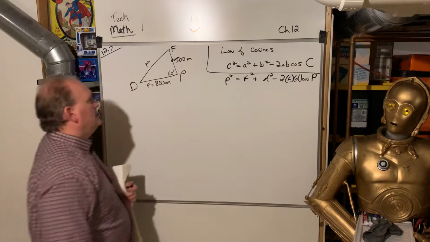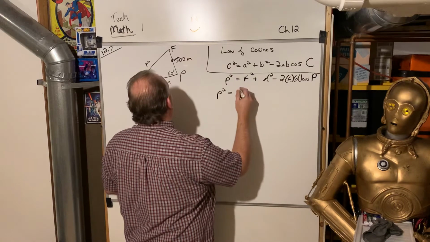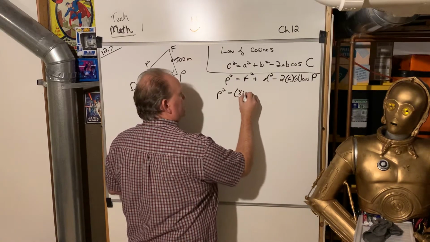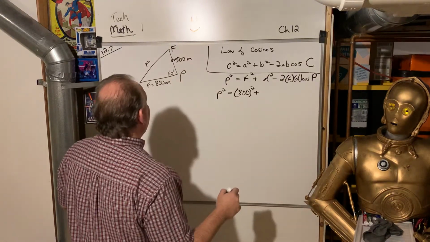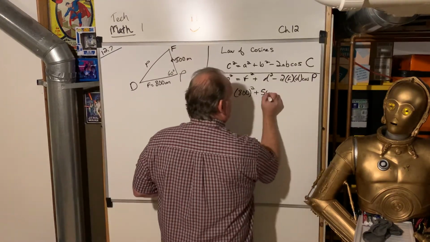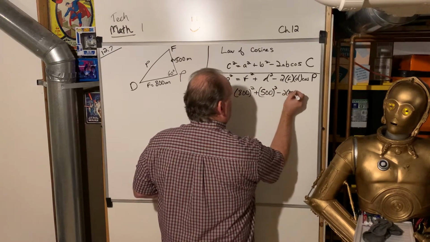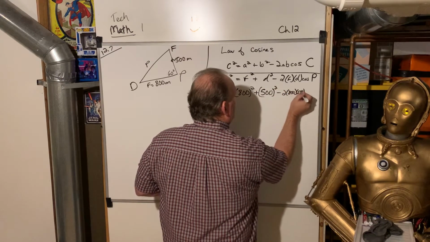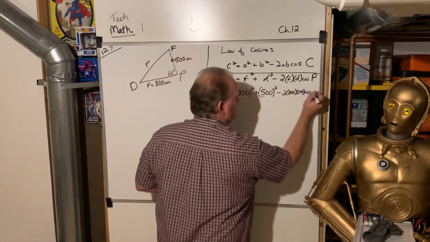Now we're going to plug and chug. P squared equals F, we know that's 800 squared, so that's going to be pretty big, plus D, that's 500 squared, that's going to be pretty big, minus 2 times 800 times 500 times the cosine of 60 degrees.